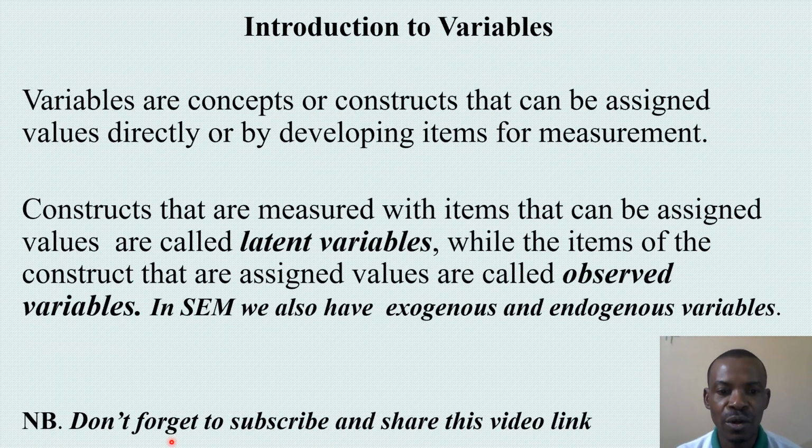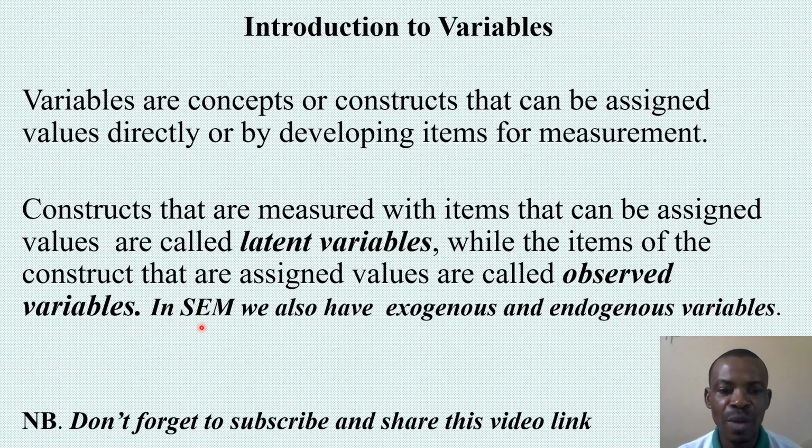Any construct that you are measuring, you need to develop items to measure it. That construct itself, which items are being raised to measure, is called a latent variable, while the items you are using to measure the latent variable are called observed variables. These are important terminologies in structural equation modeling.